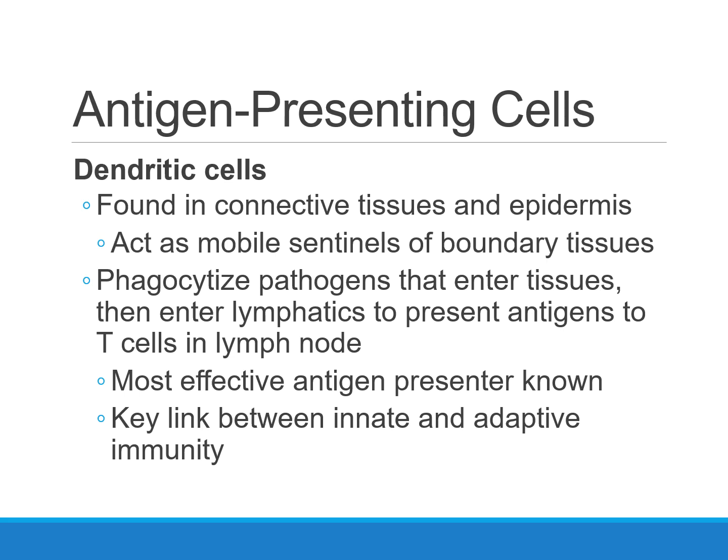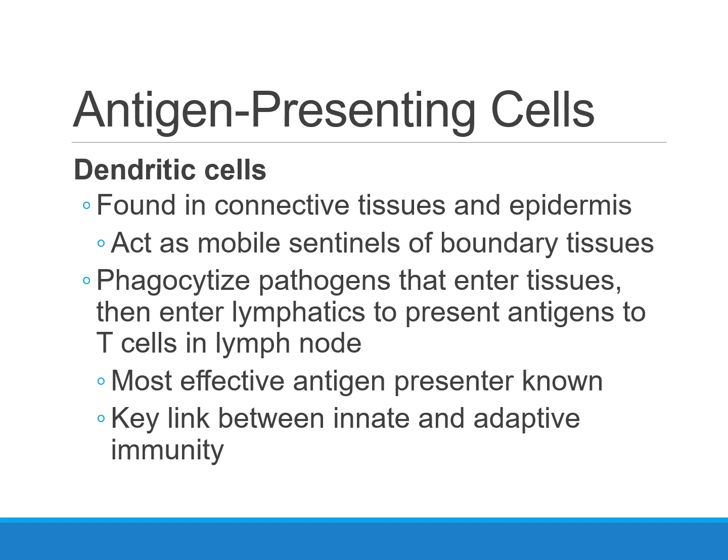They phagocytose pathogens that enter the tissues, then they enter the lymphatics and present the antigens to the T cells in the lymph node, and the T cell goes through its process. So basically these go pick up things that shouldn't be there and present them. That's why they're called antigen presenting cells, presenting to a cell that can do something about them.